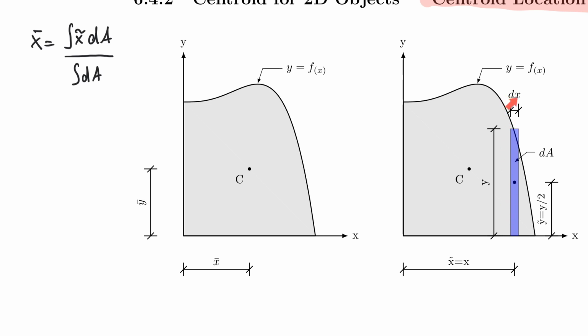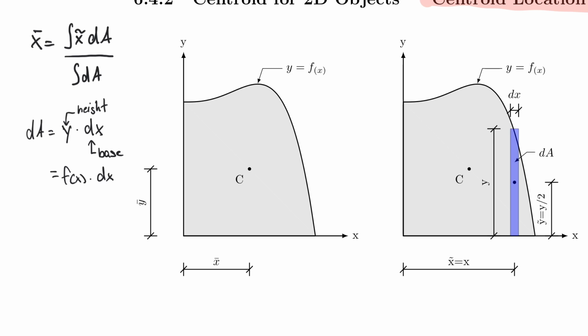The base happens to be dx and the height happens to be the function. So I can write that down as well. My dA is really equal to y times dx. And this is the base, and this is the height. And of course, this is also equivalent to f of x times dx.